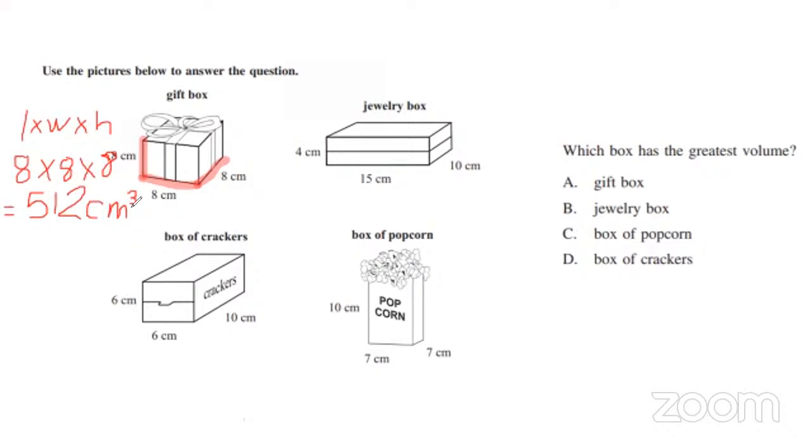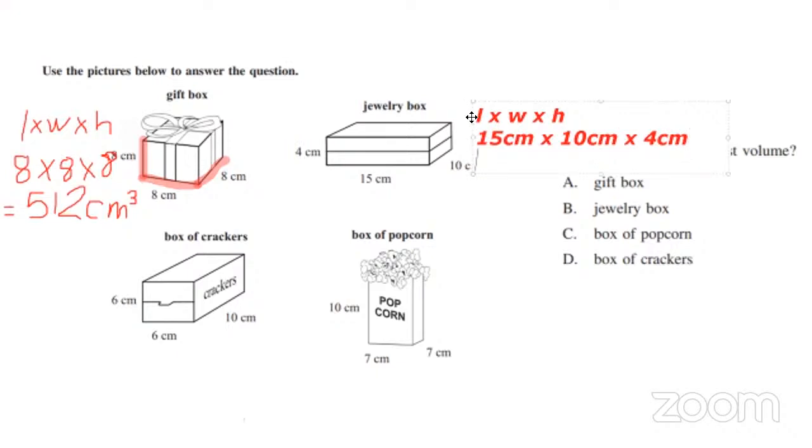All right. So I'm just going to put it here for the ones who have not really gotten it completely. So first, you kind of want to have a structure when you're doing your work. So you're going to have your length times your width times your height. And then you're going to want to plug in those. So you will want to have, say, 15 centimeters times 10 centimeters times 4 centimeters.